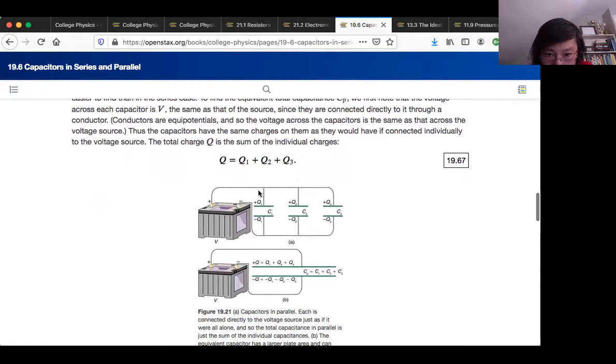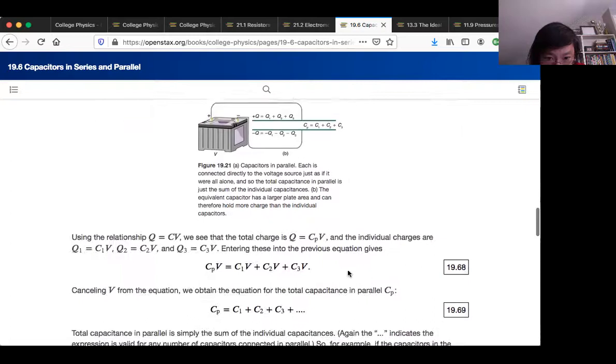When you have the voltage coming through in parallel, the charges add up. Whereas in the previous case, the charge was totaled, and you had to bleed off individual charge in each capacitor. Now you've got all of the charges. It's like adding up all the charges on one side and all the charges on the other side together with the same capacitance.